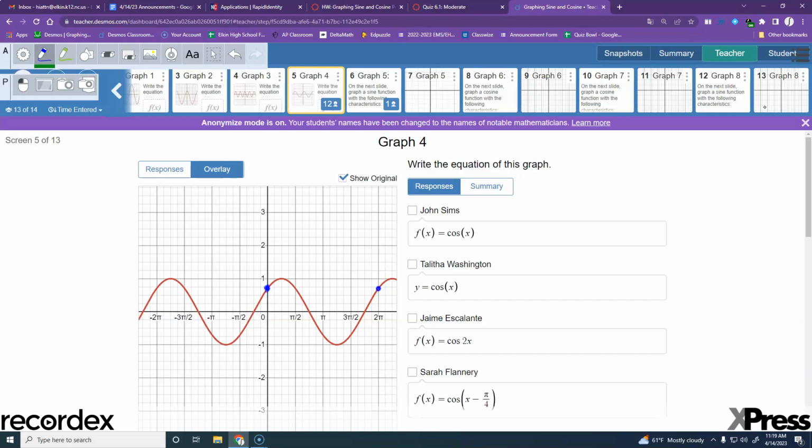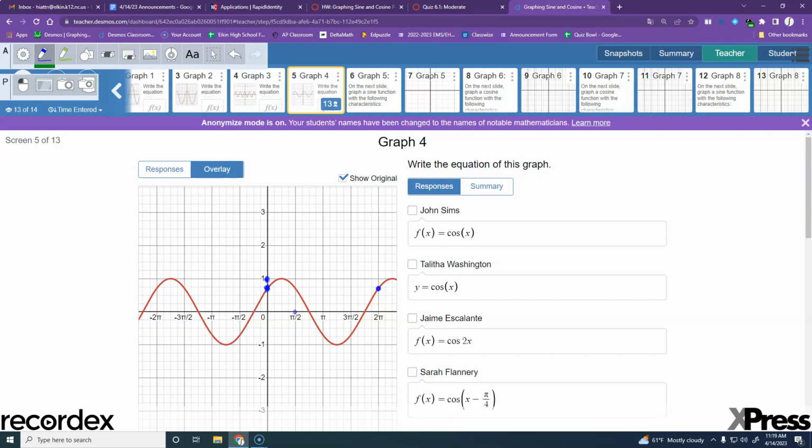The only thing you have to do to this graph is shift it left or right. I think I have more cosines than sines, so let's think about that. Cosine would have a maximum for its y-intercept.